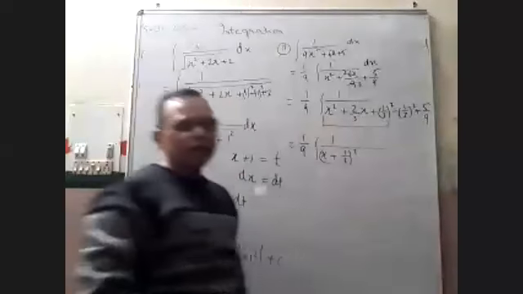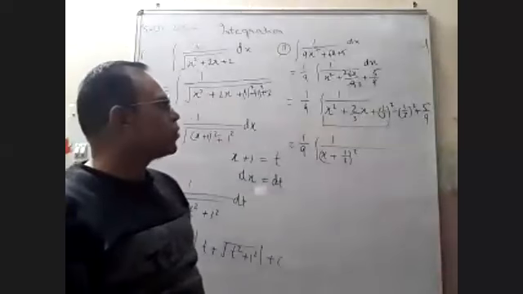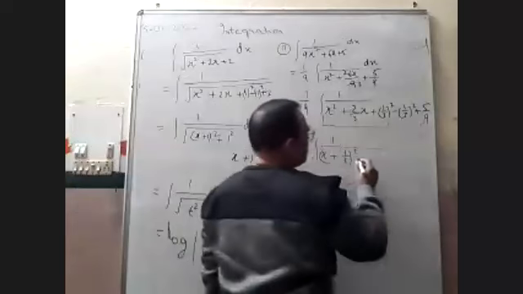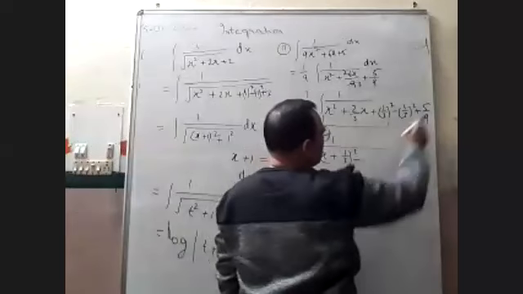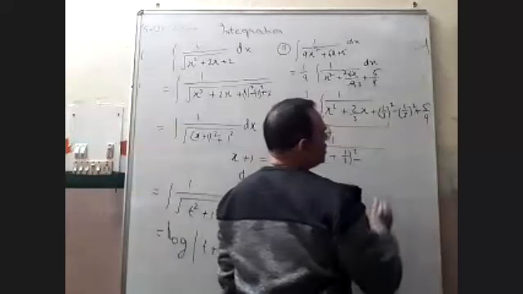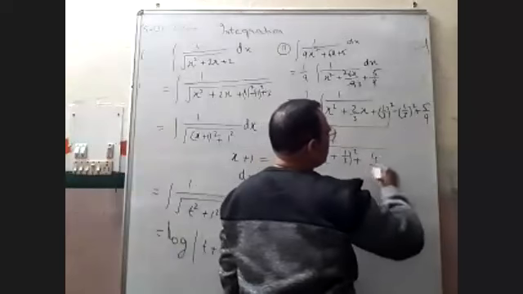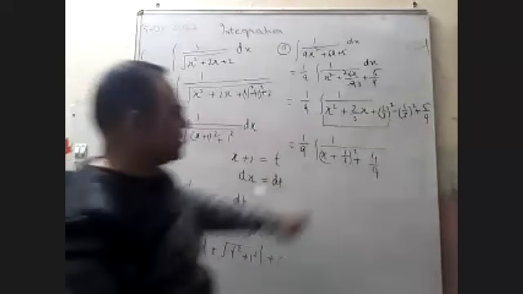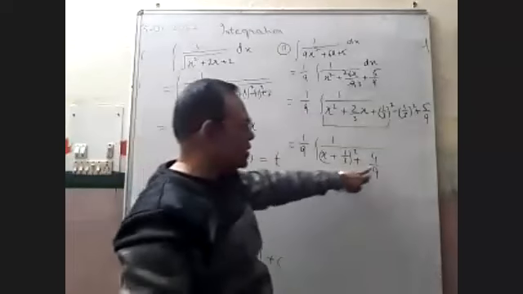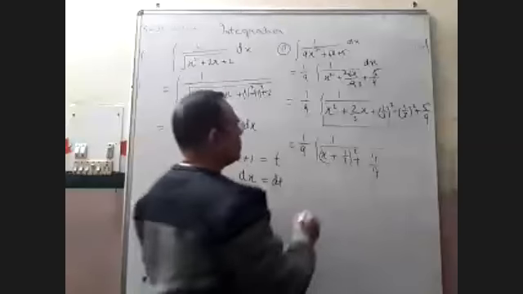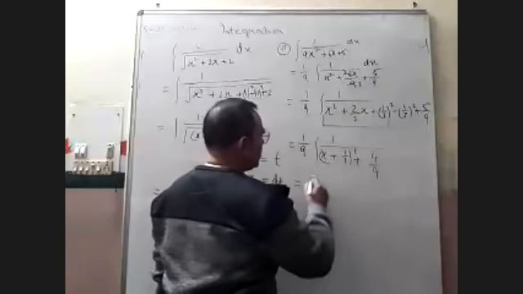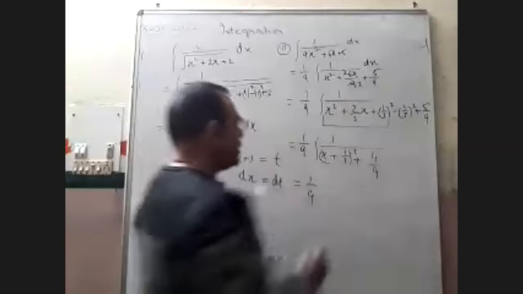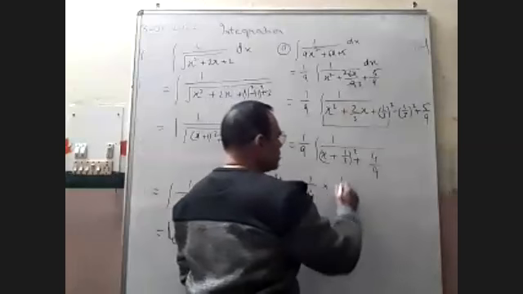That's why we divide by 2, for getting the 2ab term. What about these two terms? You can simplify: minus 1 upon 9 plus 5 upon 9, you will get 4 upon 9. Okay, now it is in the form of x square plus a square. What is the formula for the integration of x square plus a square? 1 upon a. In place of a, what will you write?